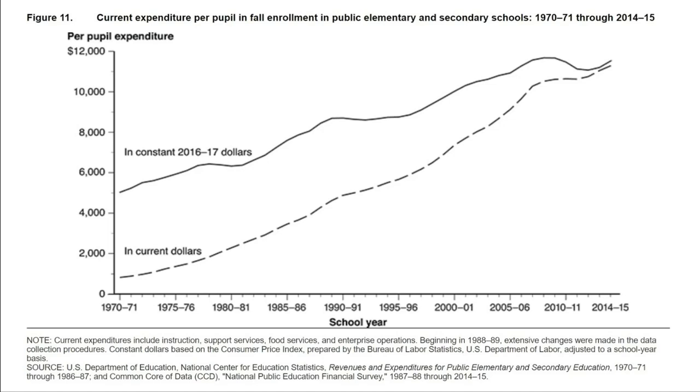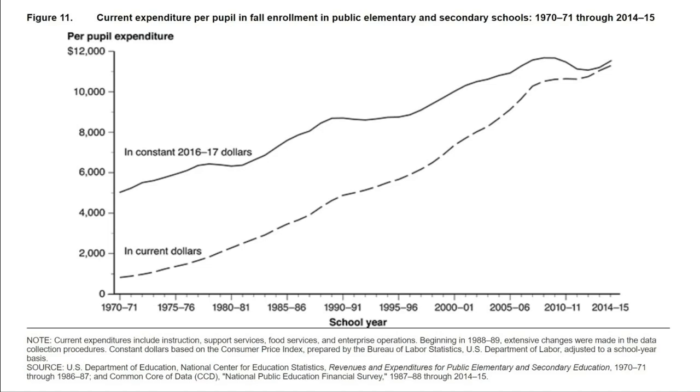This might be more like $5,000 in today's computing. Then, 45 years later, in 2015, the average cost per pupil is closer to $11,000. And now I'm looking in the upper right corner. This is many times what it was 45 years ago.